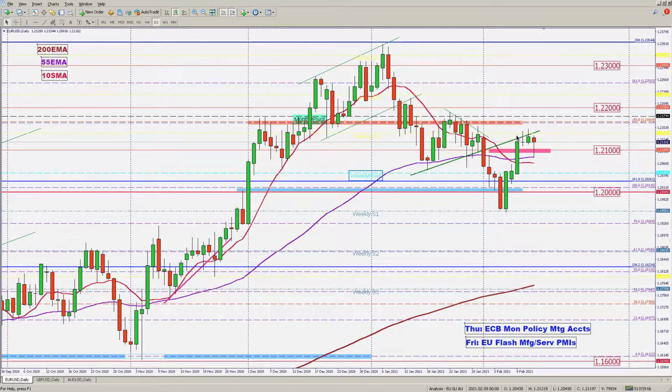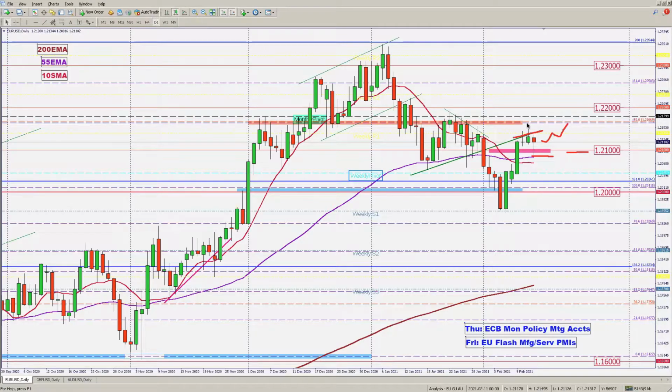It found resistance again and pulled back to test the daily 55 EMA. So it stayed above the 121, and we'll see if there's any continuation of the bullish recovery.